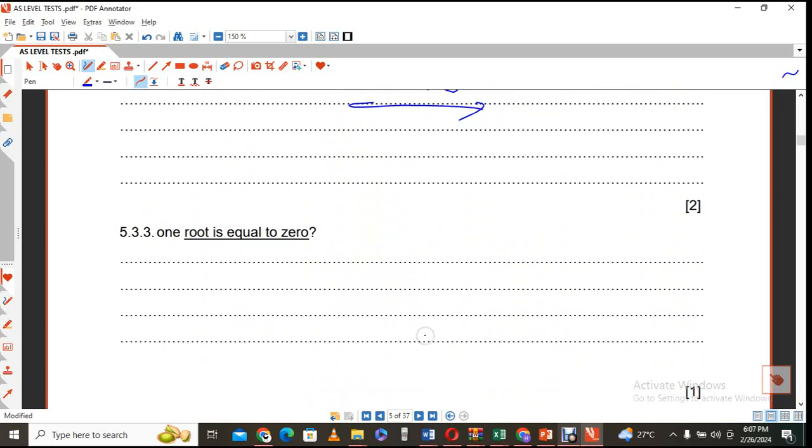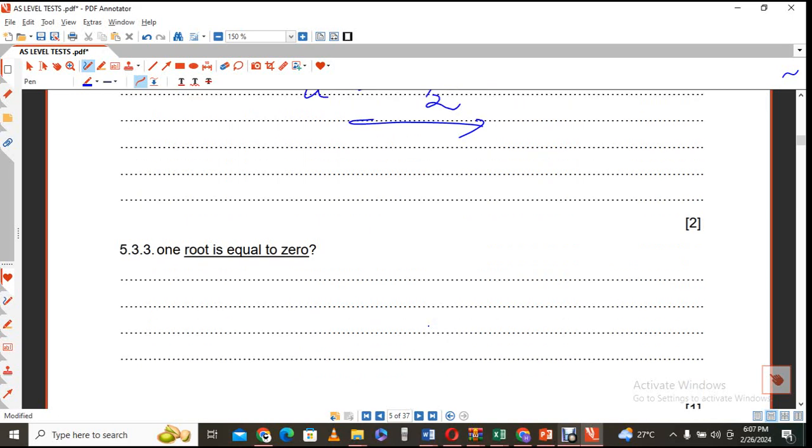Then for one root equal to 0. So if you have one root equal to 0, let me just write down what it is: x squared plus 2x minus 2a equals 0. So when one root equals 0, if you were to substitute that answer 0 in here, what do you get?